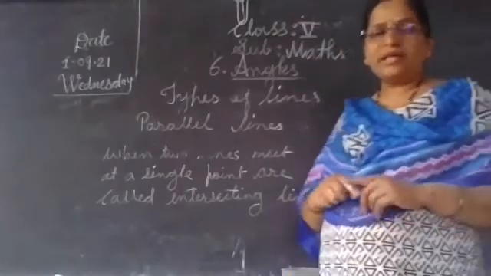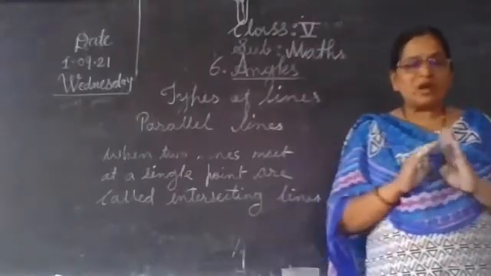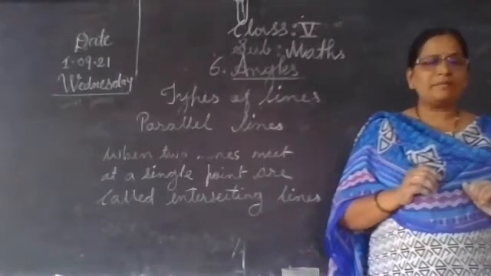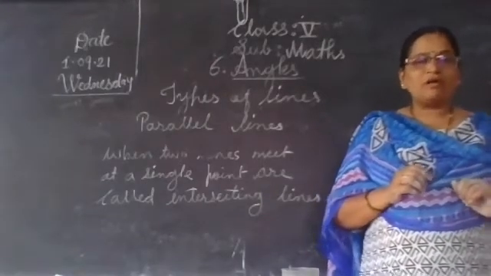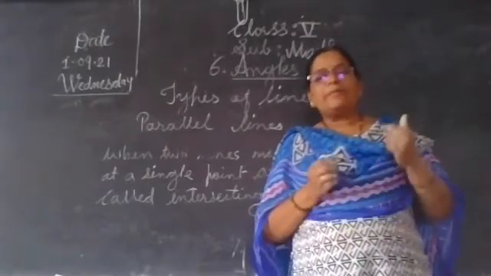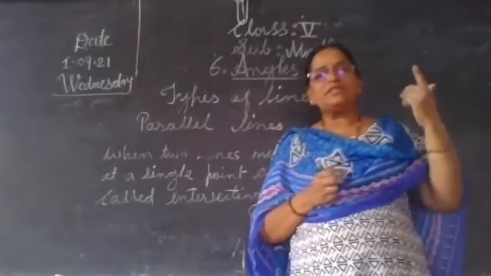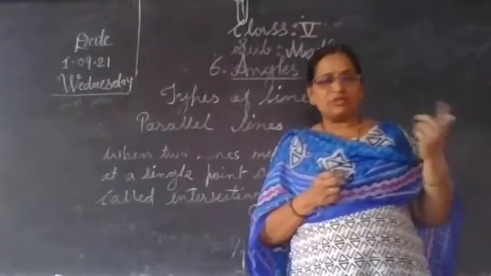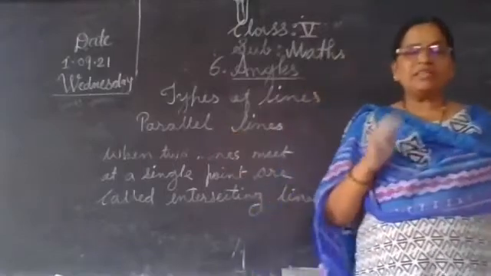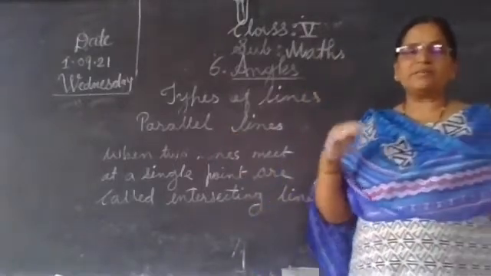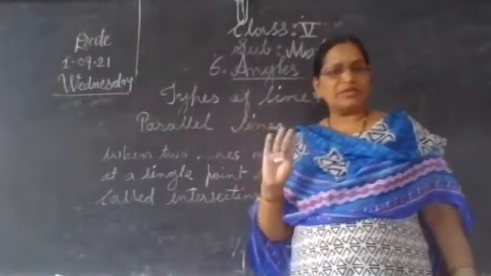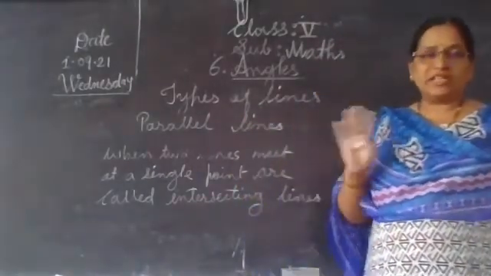When two lines do not intersect they are called parallel lines. Why do they not intersect each other? Because the distance between them is always constant. What is the meaning of constant here? Remains the same. When the distance between two lines remains the same, they are said to be parallel lines, because they do not intersect each other anymore.